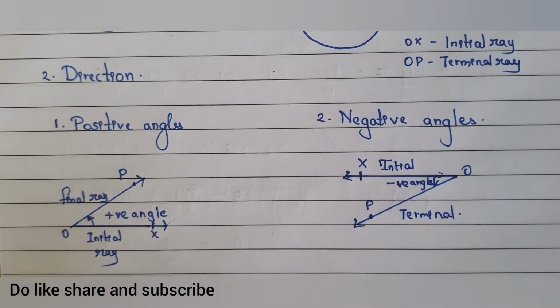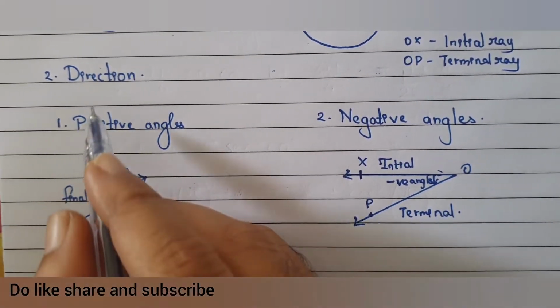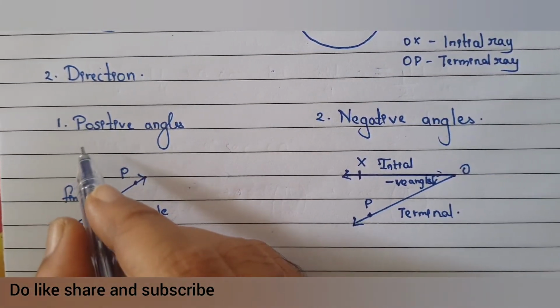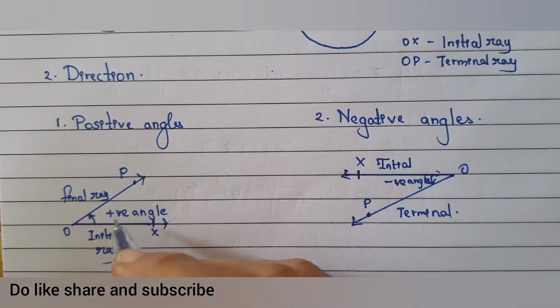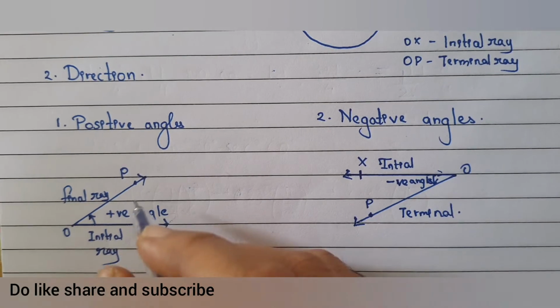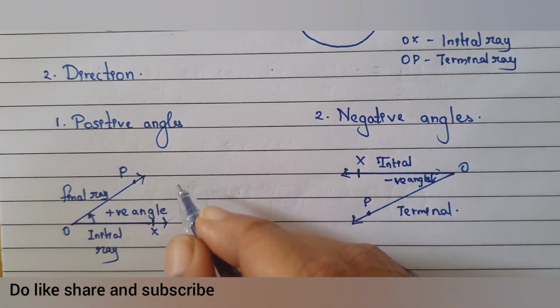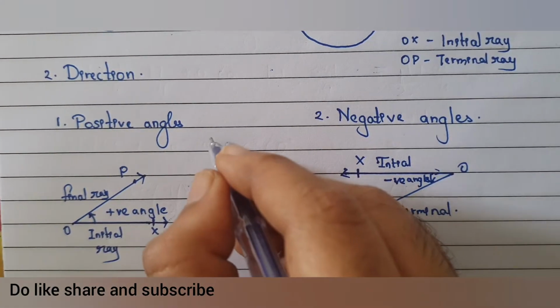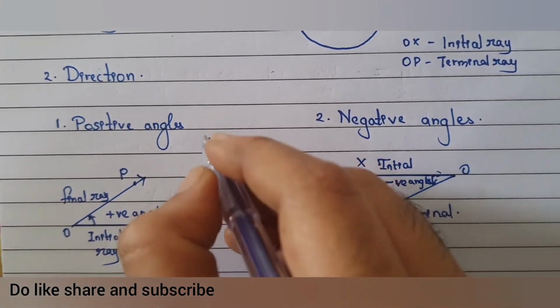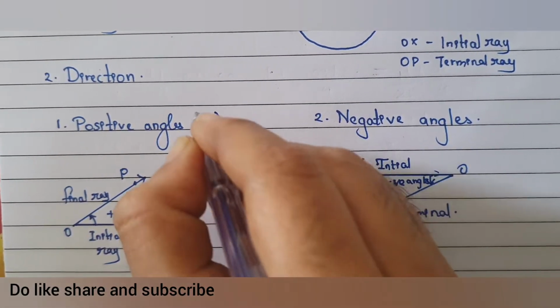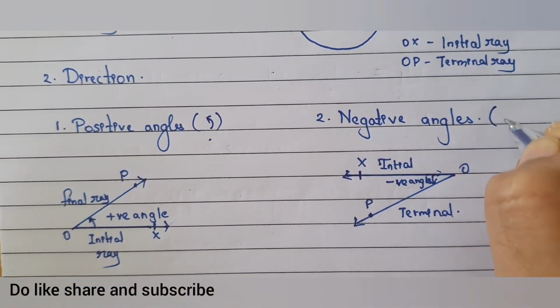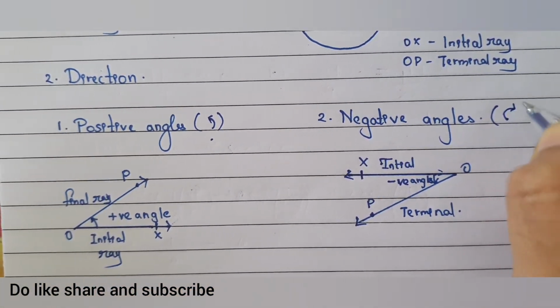And then further we'll meet with direction. Here direction has two subtypes, that is positive angles and negative angles. Here for the positive angles the measurement is always anti-clockwise. Here in the direction, positive is considered as anti-clockwise and negative is considered as clockwise.